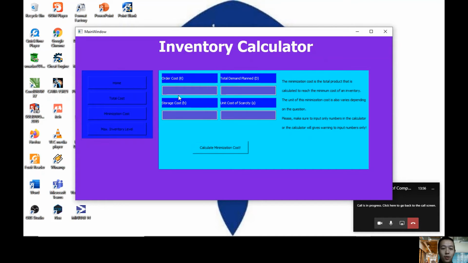It is the same for the minimization cost, but it uses a different equation and also different constraints. At the total cost, we have quantity to order, but on the minimization cost, it is needed to know the unit cost of scarcity, or we can call it small s. And it is the same with the last one.